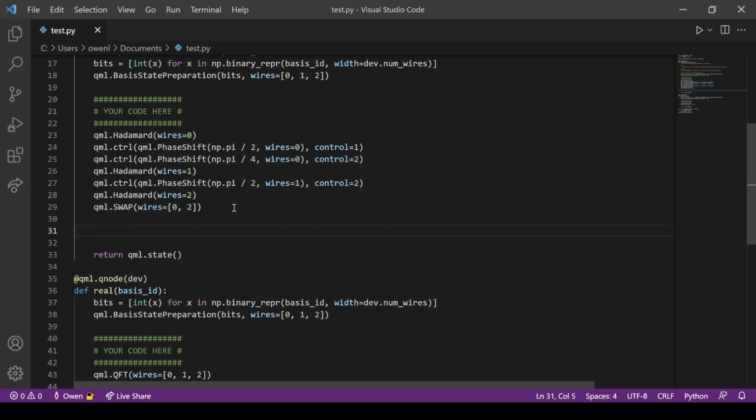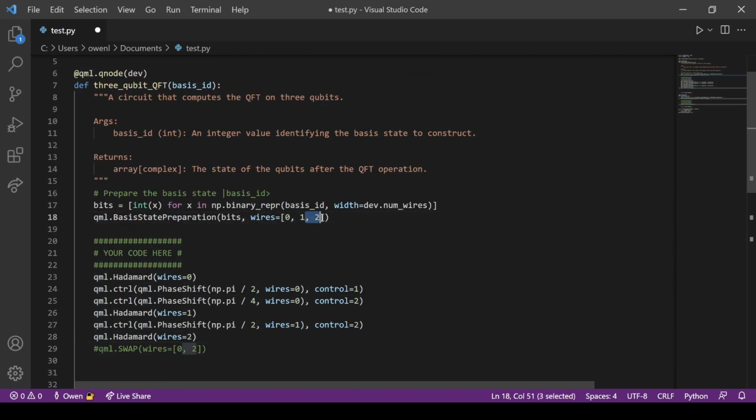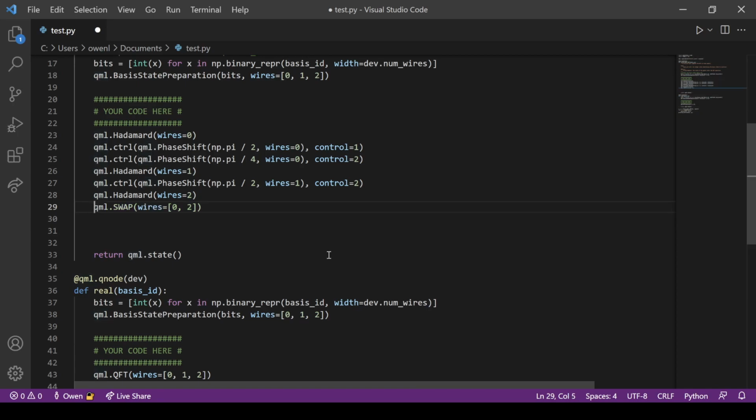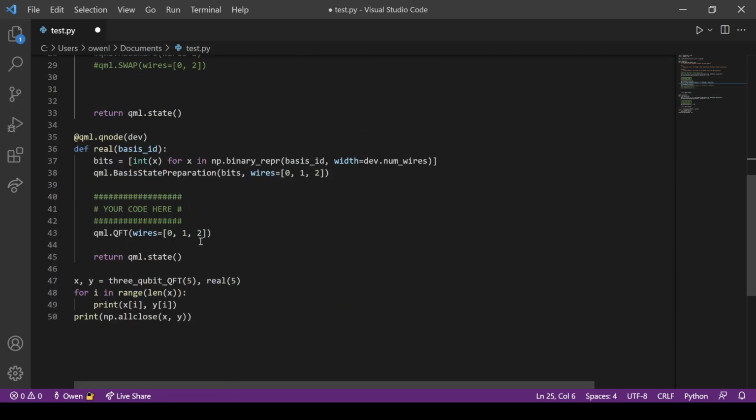I'm going to check the 2-qubit case first. I'm going to see if the 2-qubit case is right. We can have the third wire, that's fine. But I'm just going to check the 2-qubit case first.